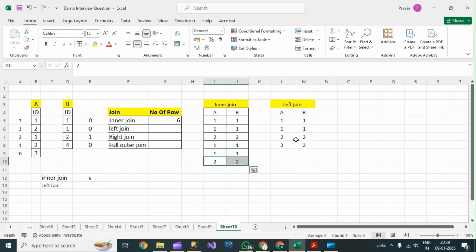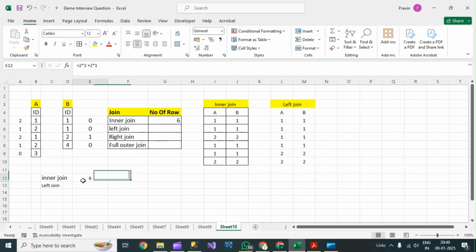So basically what happened is that these two are repeated two times. So two into one means it will be two, two times it will be repeated.